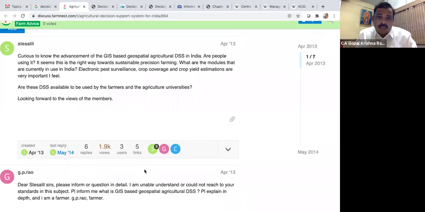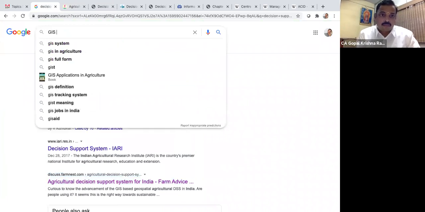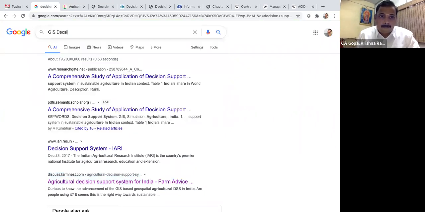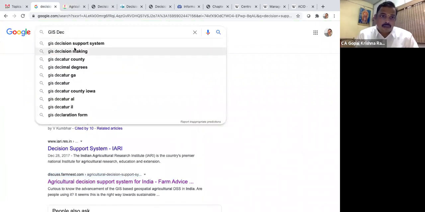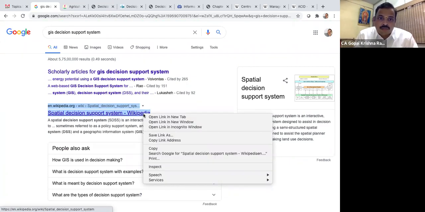Now, this is called GIS. There are GIS systems. GIS decision support system. This is spatial decision support system, geographic information system.